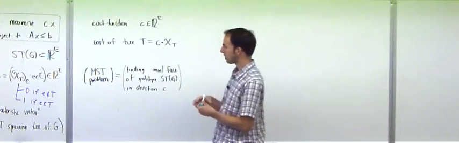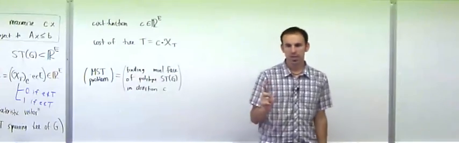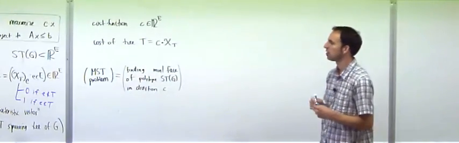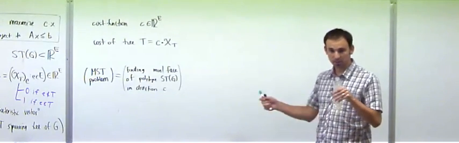And so that rephrases this combinatorial problem into a problem about a very concrete polytope, the spanning tree polytope. Okay? Do you guys have any questions about that correspondence?